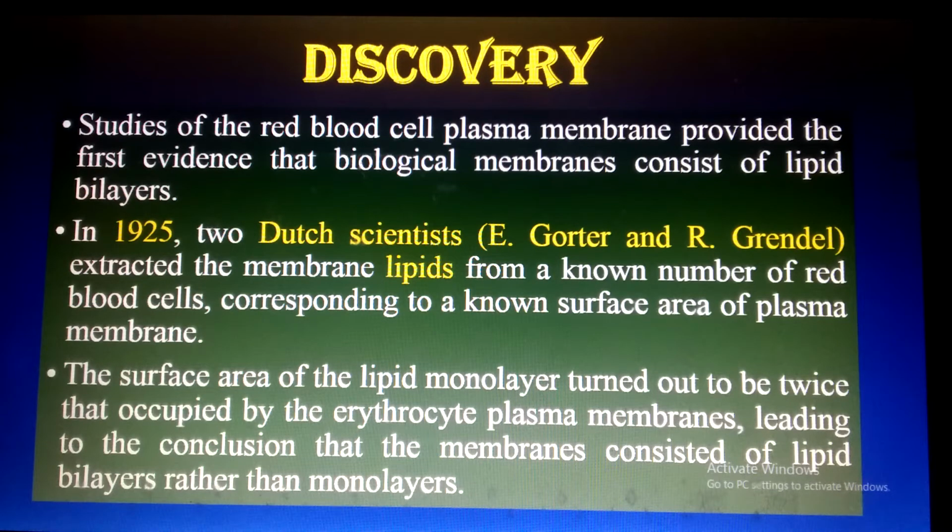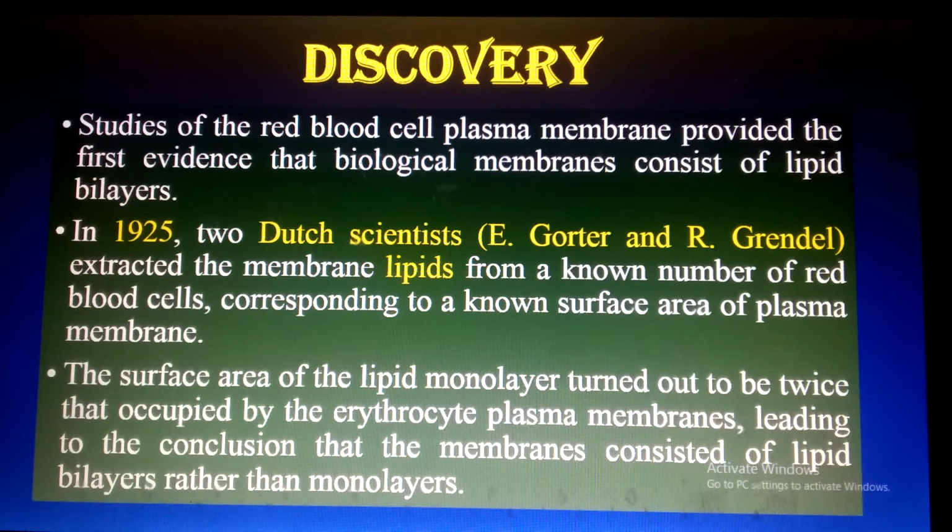First of all, the biological membrane or the plasma membrane was discovered in red blood cells. In 1925, the two Dutch scientists, Gorter and Grendel, extracted the membrane's lipids from a known number of the red blood cells, corresponding to a known surface area of the plasma membrane.